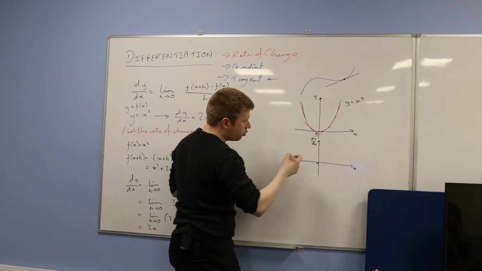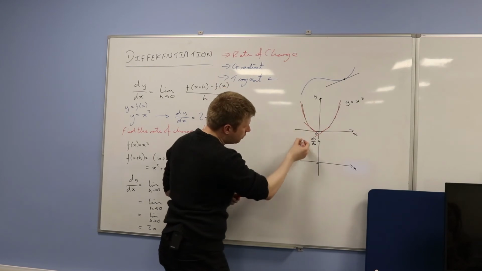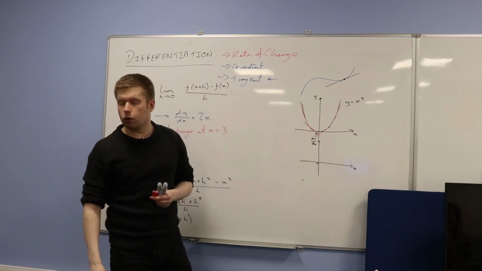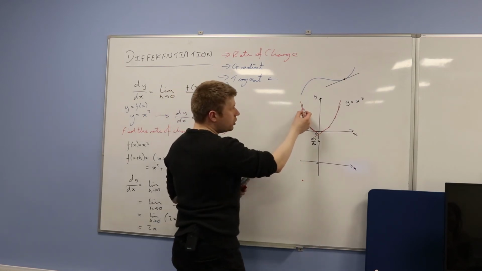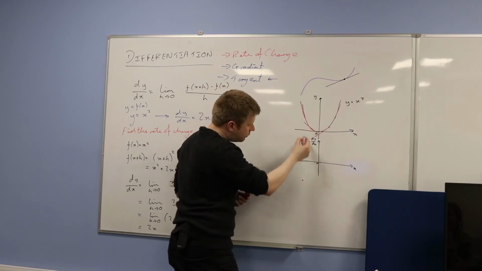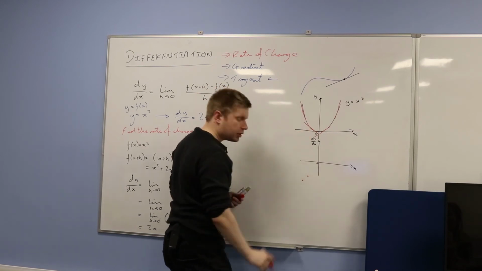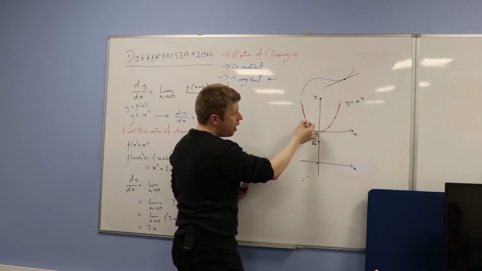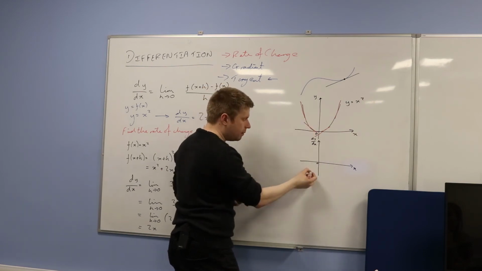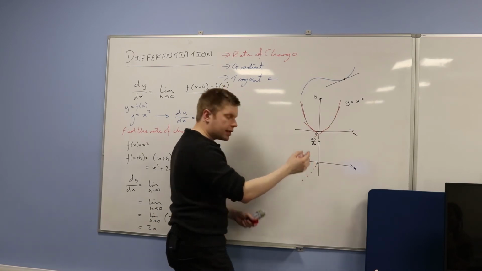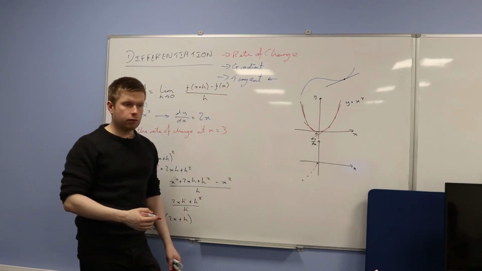Really negative. So this x value is going to be really negative, down there somewhere. Then as I move to the right, are you happy it's still negative, but less so? So this x value is going to be still negative, but less so. And then this one here, it's still going to be negative, but less so again. And as I move to the right, it's going to get less negative.